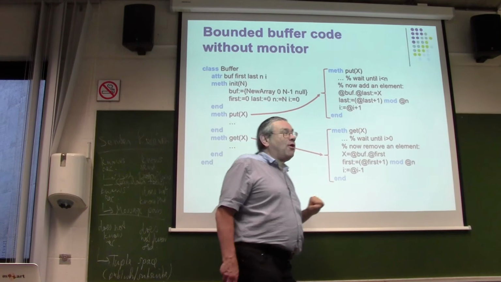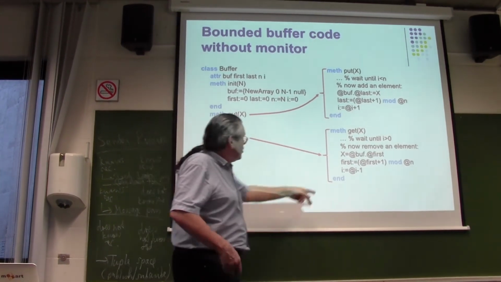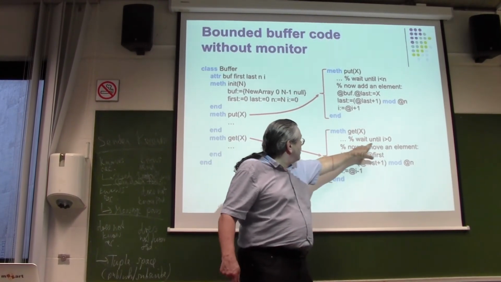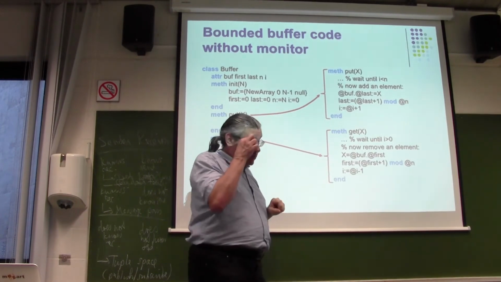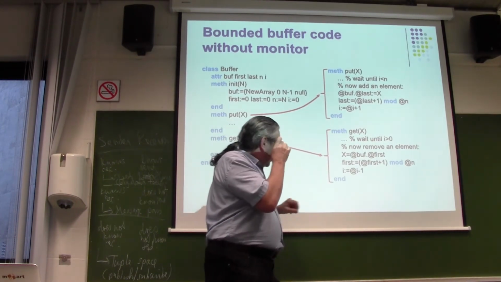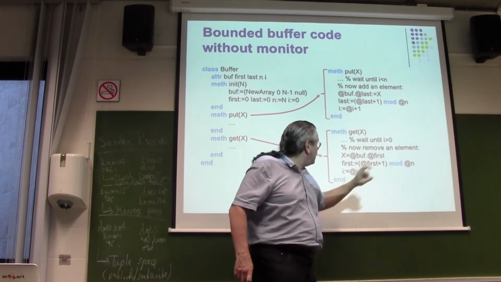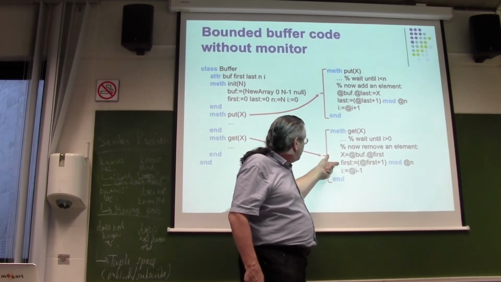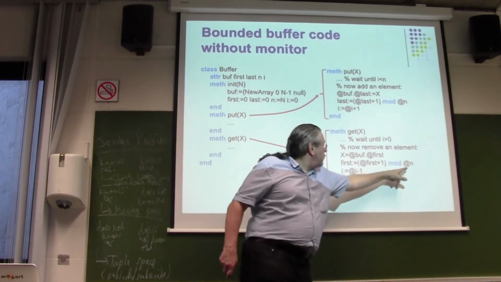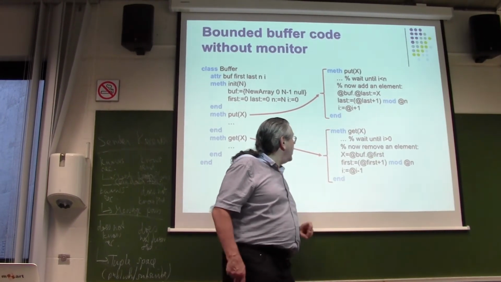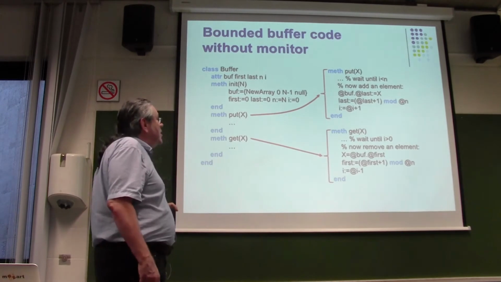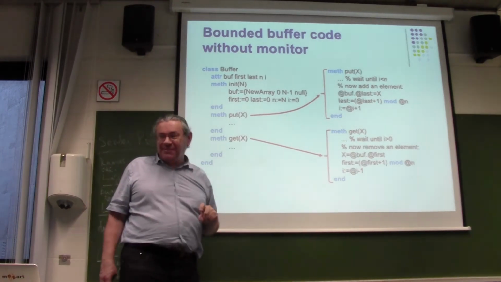So far I'm not showing you the lock. And the get is doing just the opposite. It waits until I is greater than 0, so there's at least one element. And x, which is the output, will be equal to buff.first. I increment first, mod n, of course, and I decrement I.